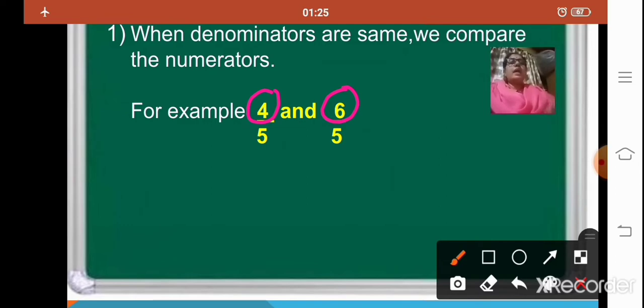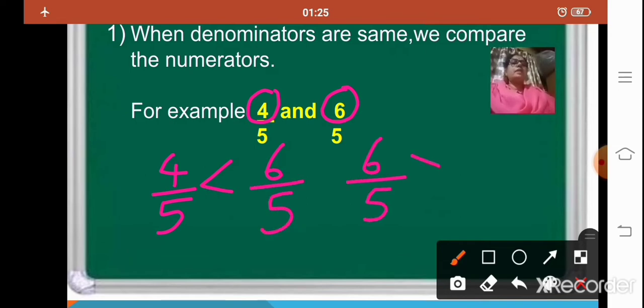So, you can say that 4 upon 5 is smaller than 6 upon 5, or you can also say 6 upon 5 is greater than 4 upon 5. So when the denominators are the same, we compare the numerators, and the fraction with the greater numerator is the greater fraction.